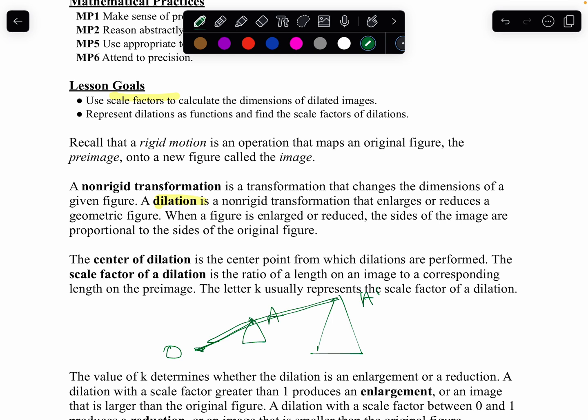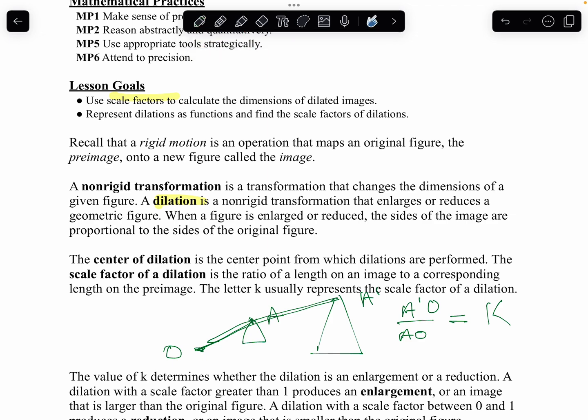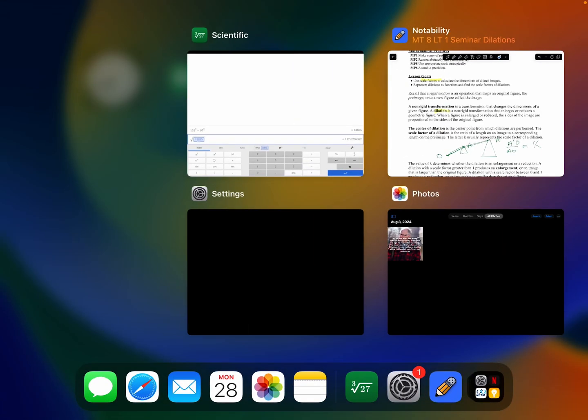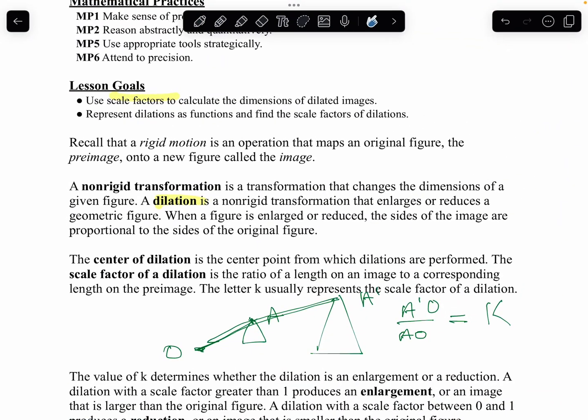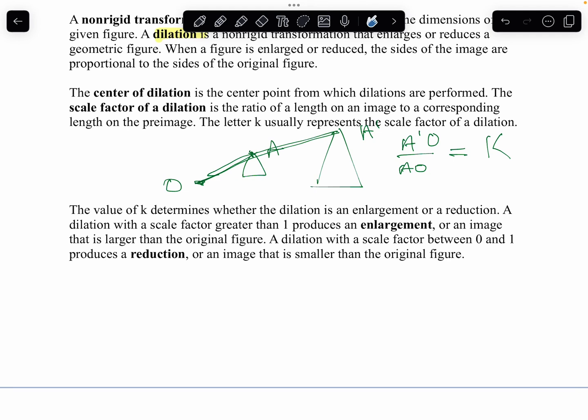A prime to O divided by A to O is going to be my scale factor, which, like I said, we like to use K in geometry. If you make it bigger, it's an enlargement, and what I mean by bigger is bigger than 1.